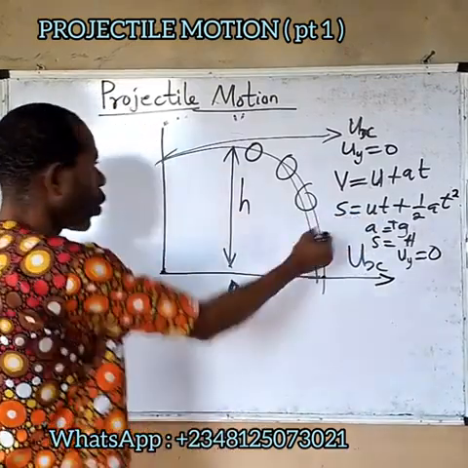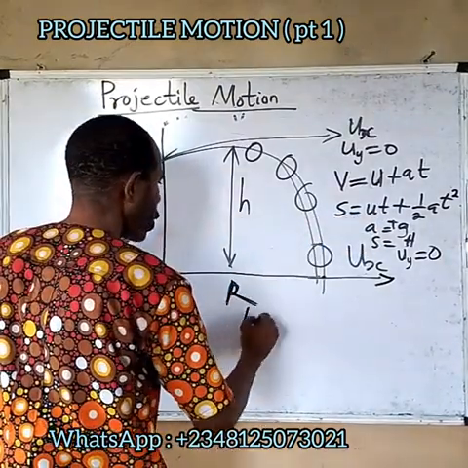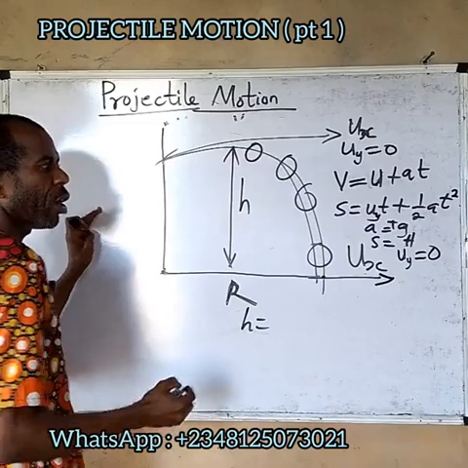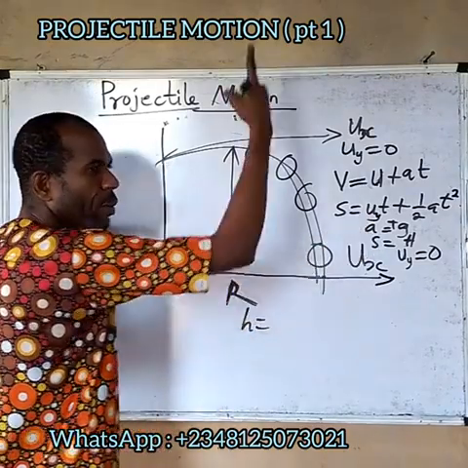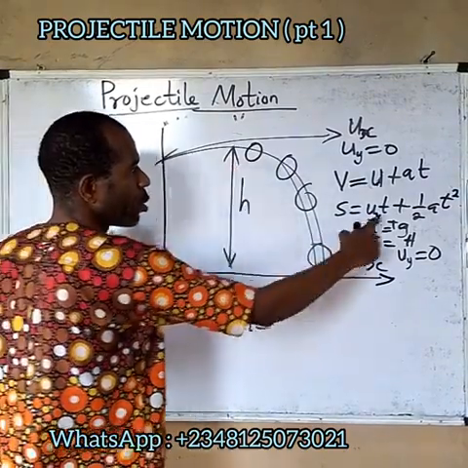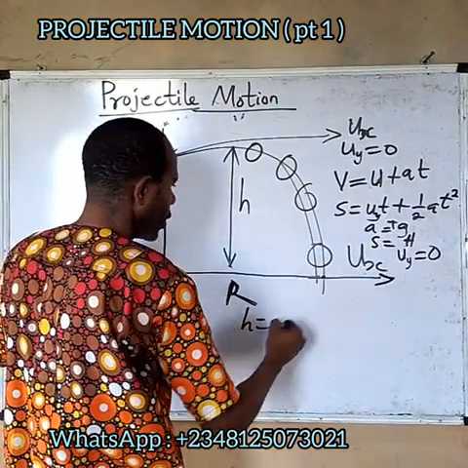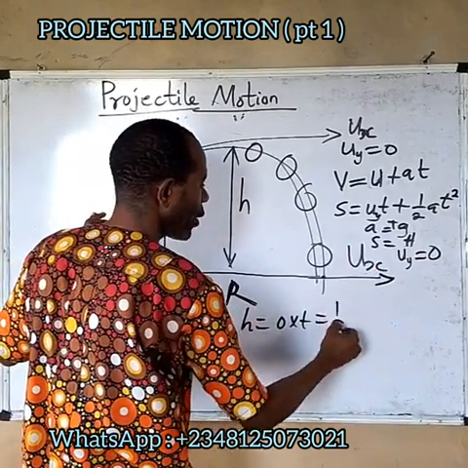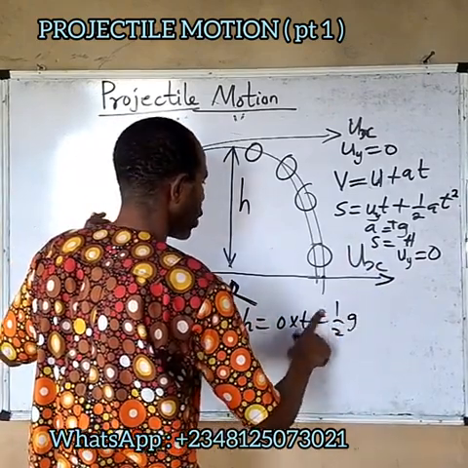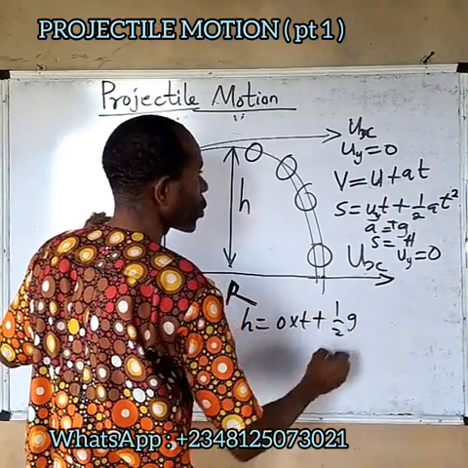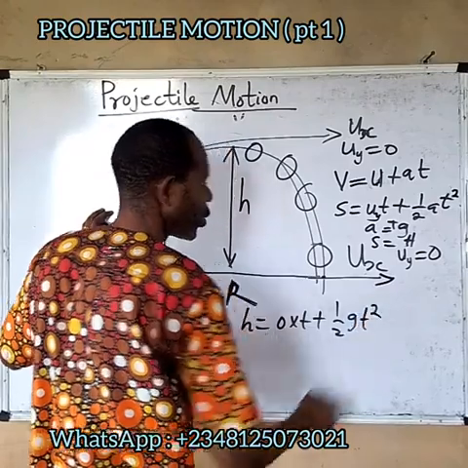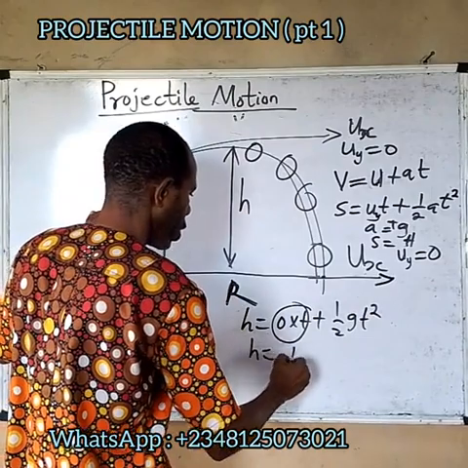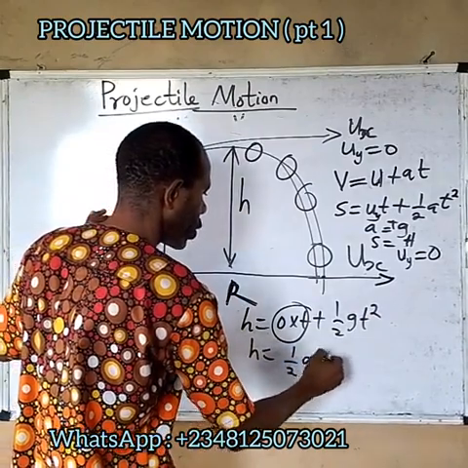Using that, it becomes h equal to uy, that is the initial velocity of the vertical component of the velocity, uy is 0. Then it becomes 0 times t plus half gt squared. So this one is 0, and your h is equal to half gt squared.